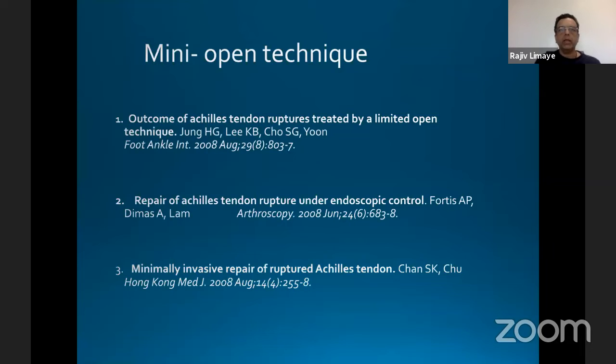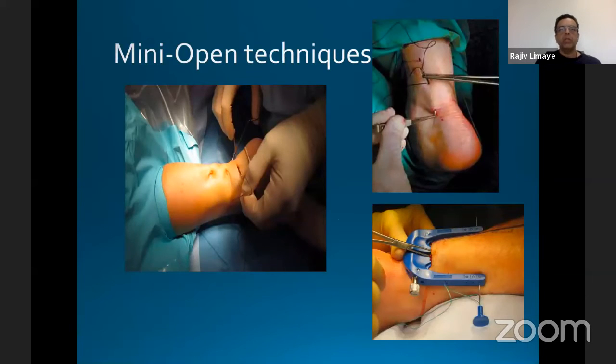The mini open techniques have found a better role, and there are various studies published in this article which have shown that minimally invasive repairs of the Achilles tendon work much better. The mini open can be done like these, or there are some instrumentations from various implant companies like these to provide access for mini open techniques.